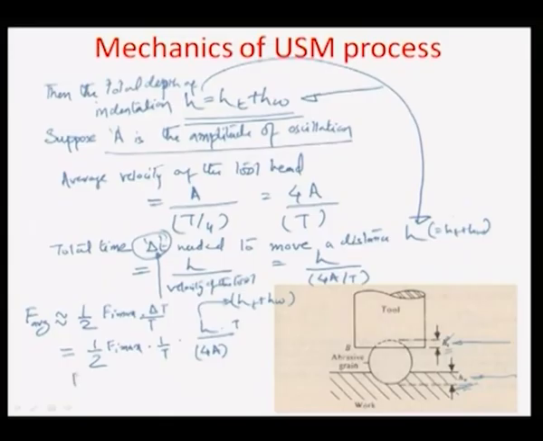So, here we are able to generate an expression for this maximum force on the tool head, which is actually equal to 4 times amplitude of motion of the tool times of 2 here. Okay. So, it is basically 8 times F average times of the amplitude of motion A divided by h w plus h t.